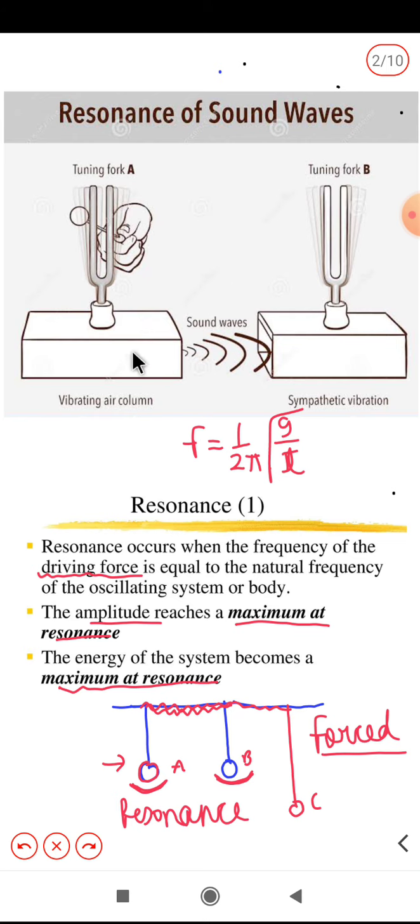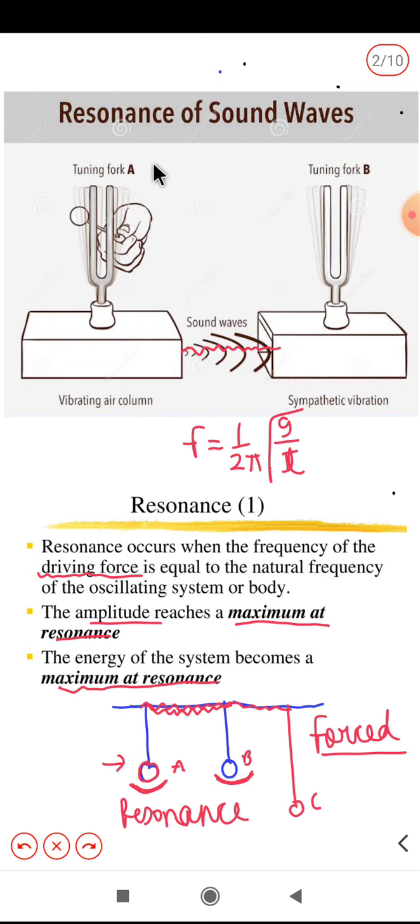There are two sound boxes, and they have tuning forks on top. If you strike this tuning fork, it will vibrate and cause the air inside to vibrate, and that vibration will get transferred to this system, and due to resonance this tuning fork will also start to vibrate.